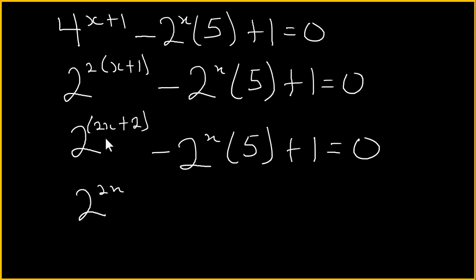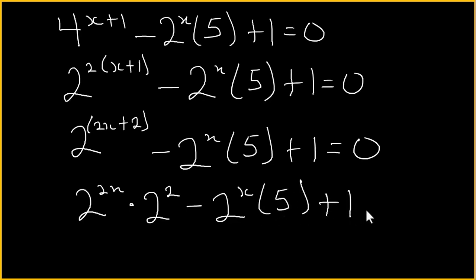I'm expanding this exponential form by 2 raised to the power 2, minus 2 raised to the power x by 5, plus 1 equals 0.